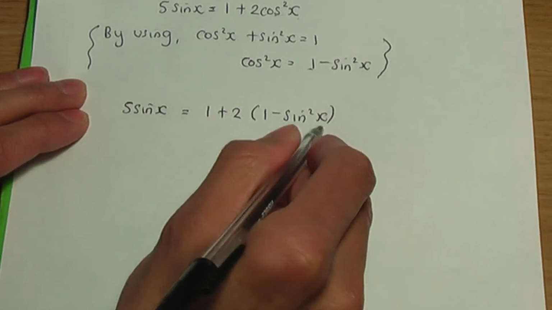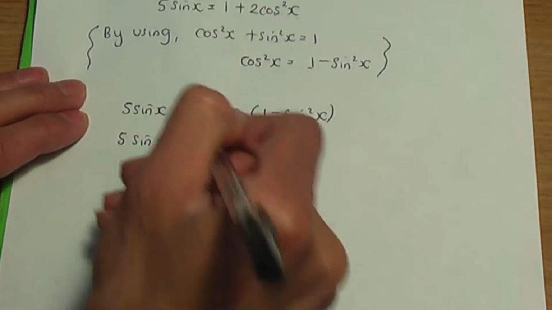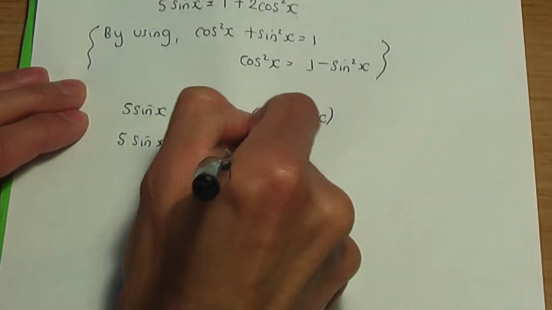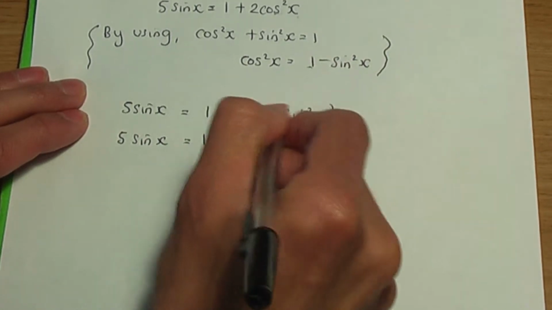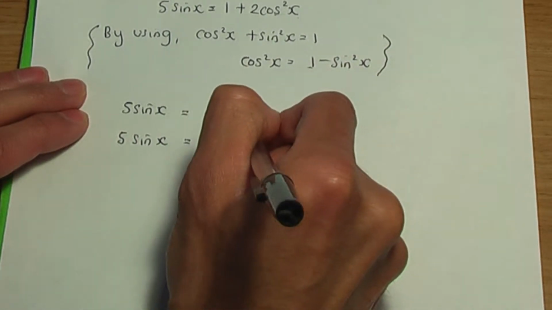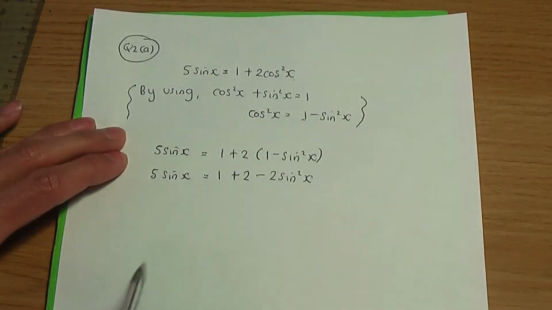Now from there on, let's multiply these brackets to give us 5 sine x on the left. That is equal to 1 plus 2 times 1, which is 2. 2 times minus sine squared x is minus 2 sine squared x.